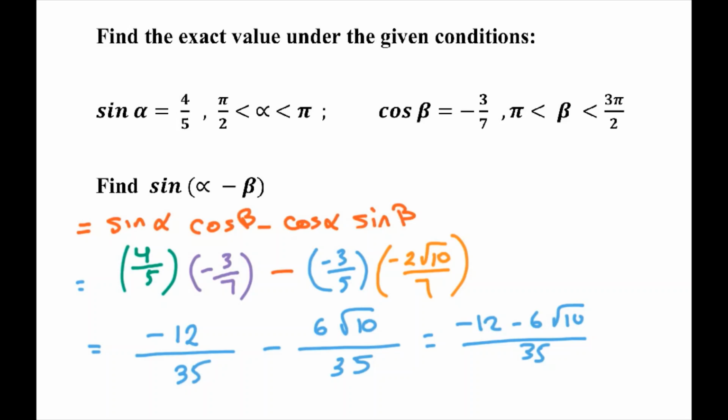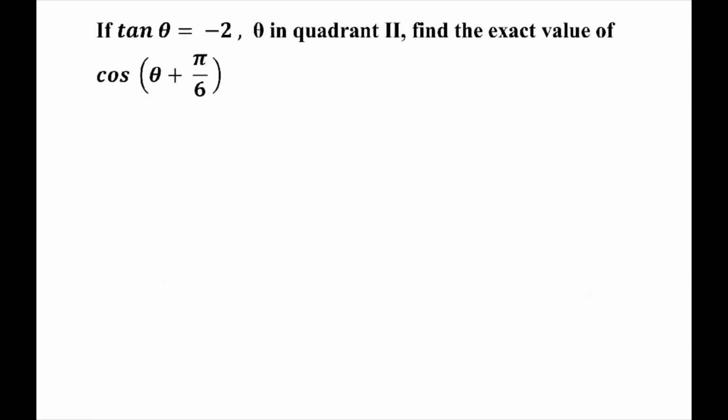Some people might take negative as a common factor, which is going to be negative 12 plus 6 square root of 10 over 35. Okay? You need to find your answer as an exact value, so you need to keep it as a fraction in simplest form. What about this question here?